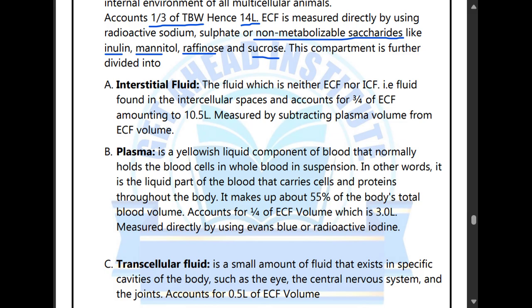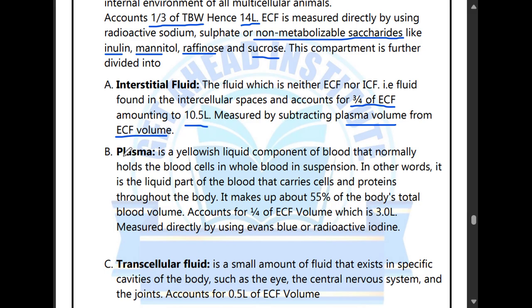Interstitial fluid is the fluid found in intercellular spaces, and it accounts for 3 over 4 of ECF, amounting to 10.5 liters. To find the interstitial fluid, you must subtract plasma volume from ECF volume.